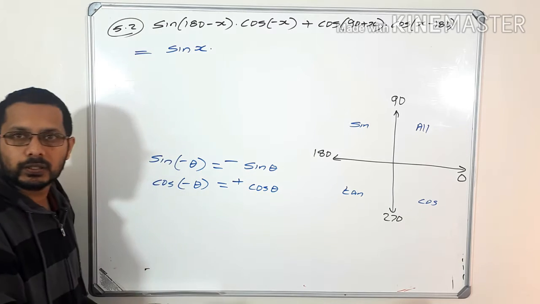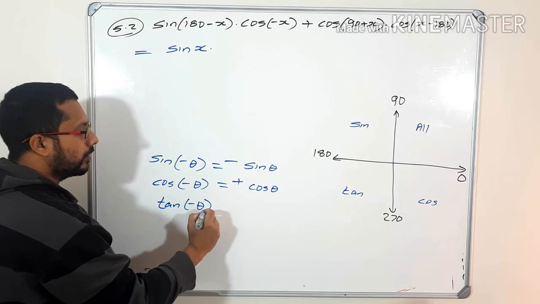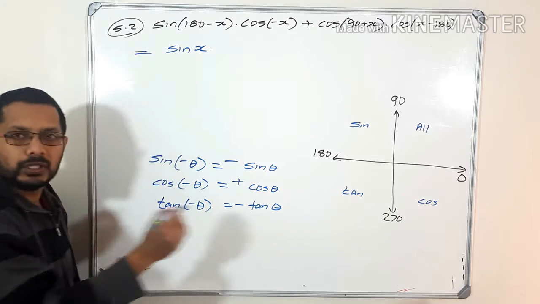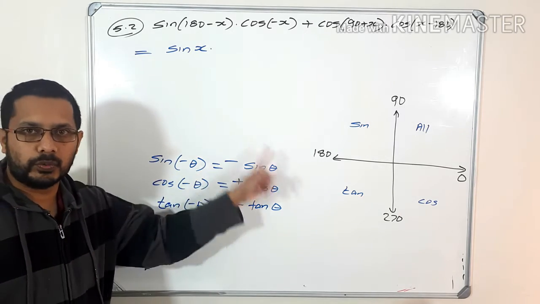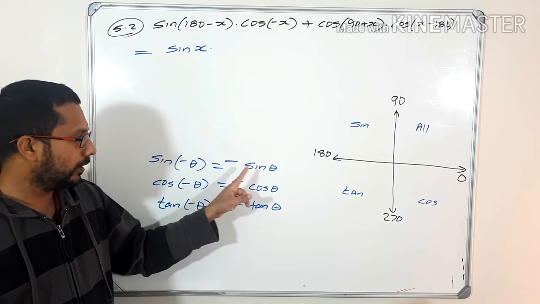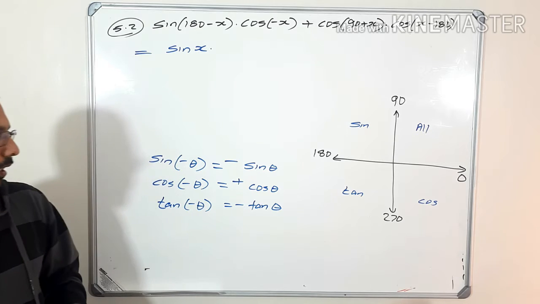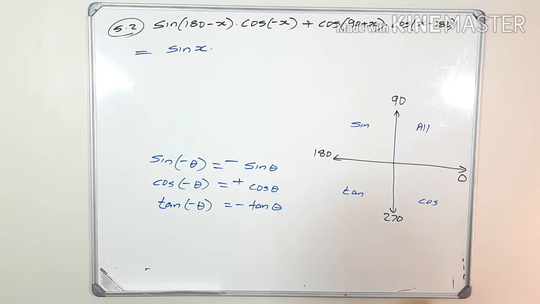Then tan of minus theta is minus tan theta. So the only difference is for cos theta. Sine of minus theta is minus sine theta, cos of minus theta is positive cos theta, and tan of minus theta is minus tan theta.